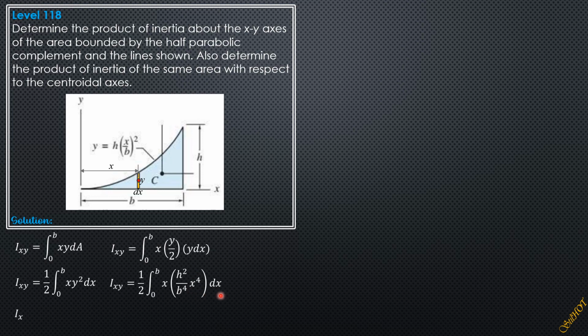Simplifying, Ixy equals h squared over 2b to the fourth, then the integral of x to the 5 dx from 0 to b. So Ixy equals h squared over 2b to the fourth, quantity x to the 6 over 6 from 0 to b. So the product of inertia with respect to the xy axis is h squared over 12 b to the fourth, quantity b to the 6 minus 0. Therefore Ixy equals b squared h squared over 12.